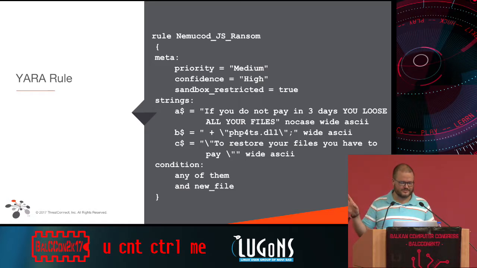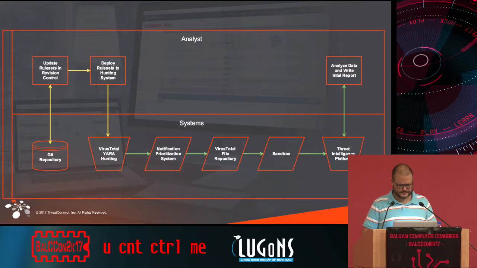So if you know that the file either shouldn't run in a sandbox or it won't run in the sandbox or you don't need to run it in the sandbox, I've added this flag here so that these rules can still be prioritized correctly, but they won't waste time in the sandbox in the automated malware analysis system.